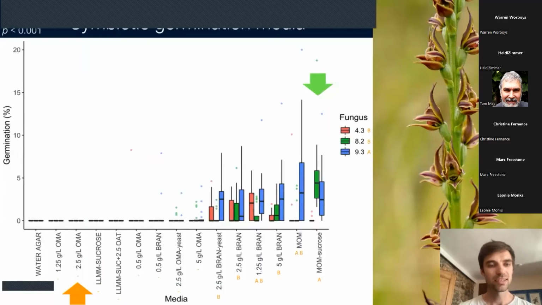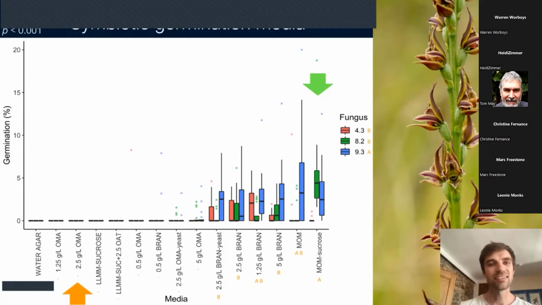But when we added in a few more nutrients, hey, we got a bit of germination. Not huge percentages, but reliable germination when we added more macronutrients or changed the carbon source from oatmeal to wheat bran. So that's great, fantastic. We're very, very happy with that.